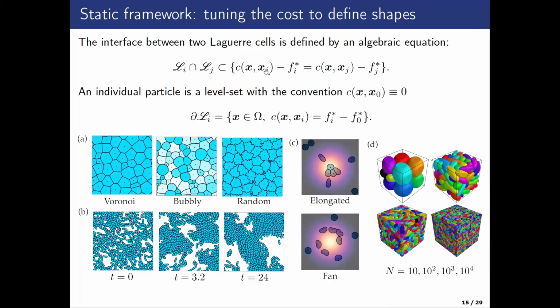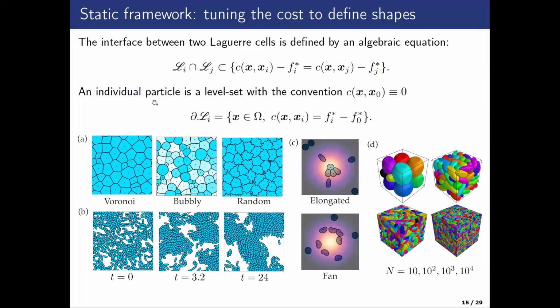If I want that to be a straight line, then I know that if the cost is the L2 cost, the square distance, that's the equation of a straight line. If I want the boundary between two Laguerre cells to be a circle arc, then I take just the distance, the Euclidean distance, and that's basically the equation of a circle.